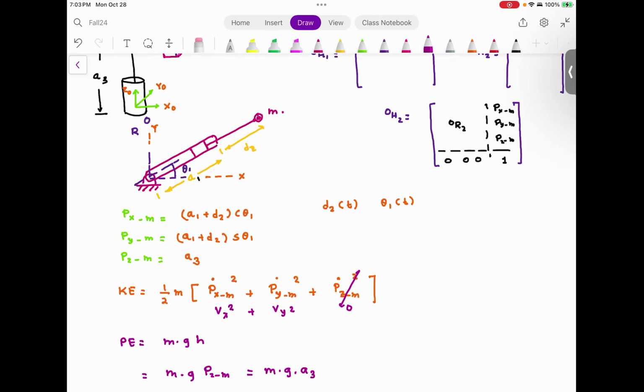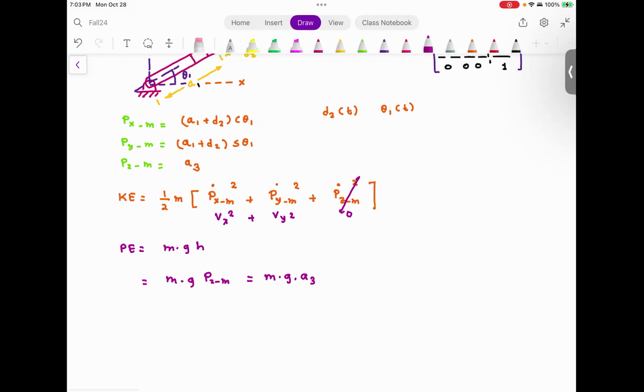I took the derivative to find the velocity in X, Y, and Z. Then I have the kinetic energy and the potential energy. Now I can use the Lagrangian script to solve the problem. Everyone understood this?